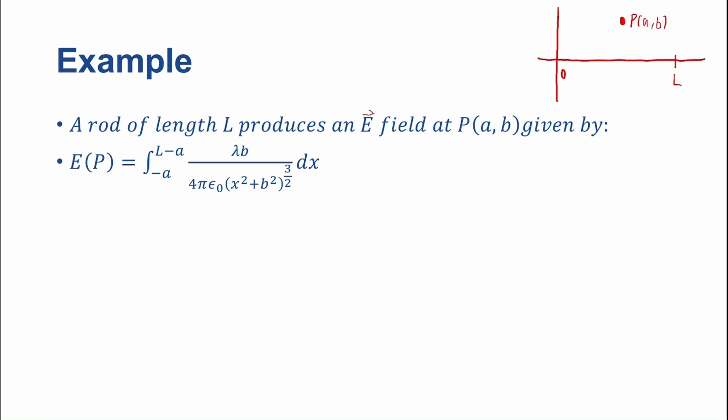Let's talk about those. So lambda is the charge density per unit length, and epsilon naught is the free space permittivity constant. We use this integral to determine the electric field.